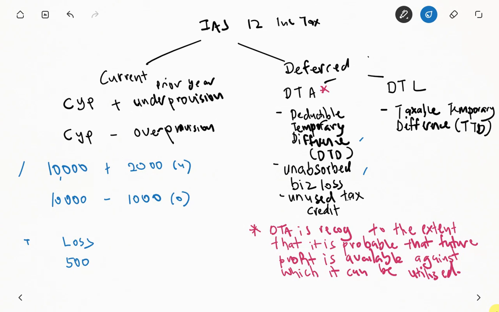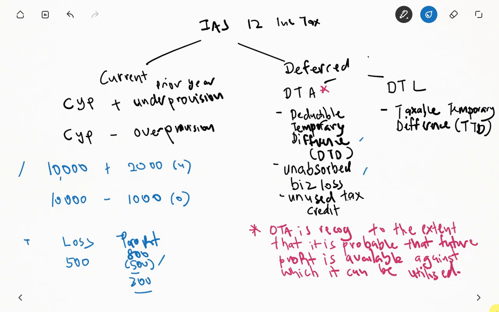If next year I make $800 profit, do I have to pay tax on the 800 or 300? Because I can utilize this 500, when next year I make a profit of 800, my tax will only be based on 300.